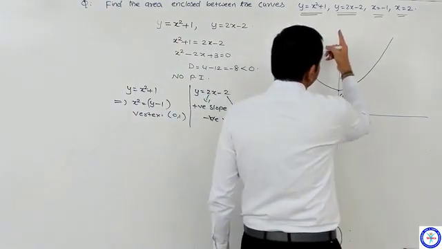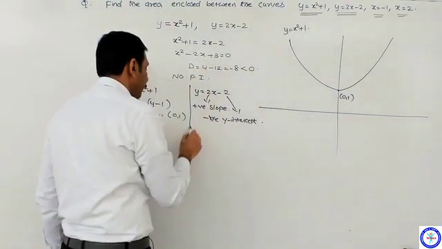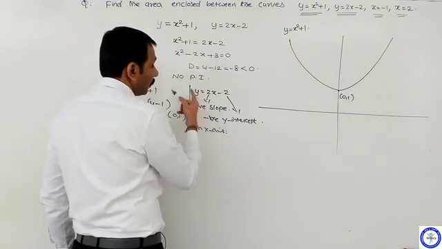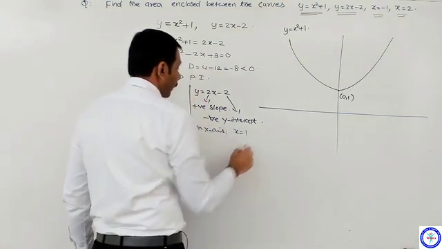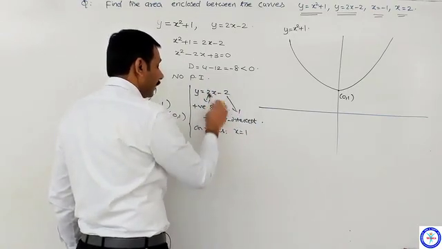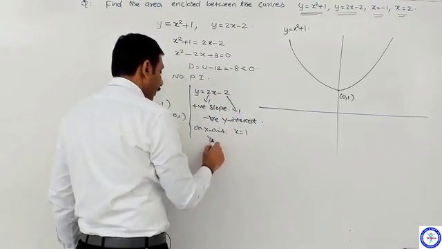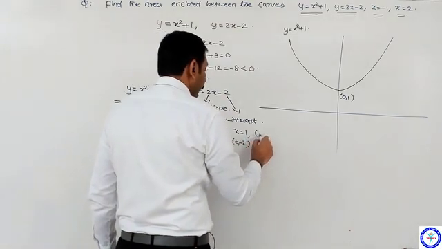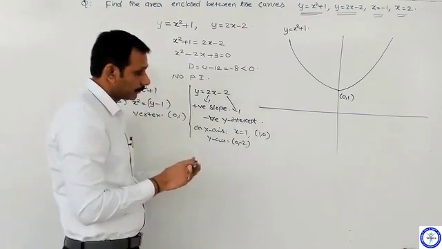Where it intersects the x-axis, you see this? On the x-axis, y 0 means x equal to 1, and on the y-axis, x 0 means minus 2. That is, on the y-axis it is 0, minus 2, on the x-axis 1, 0.